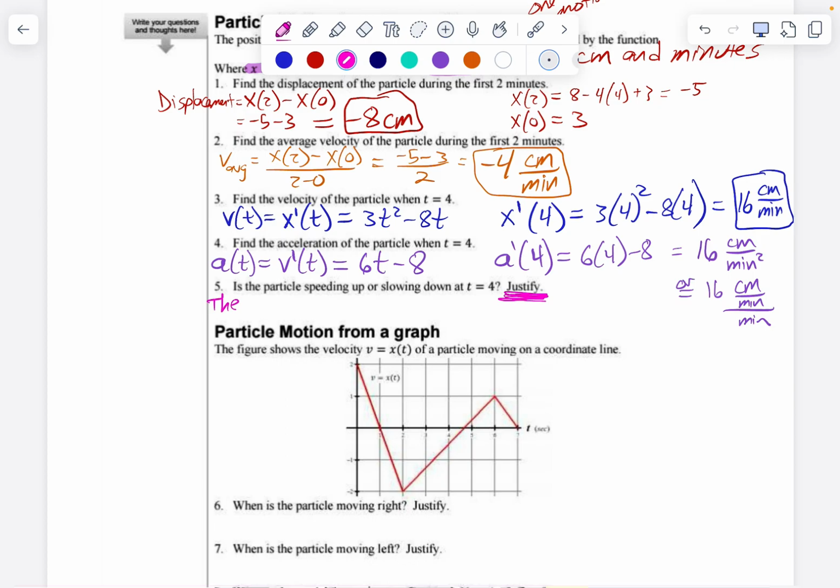So, in this case, is it speeding up or slowing down? Why did you say slowing down? You should recognize my voice by now. So speeding up because?